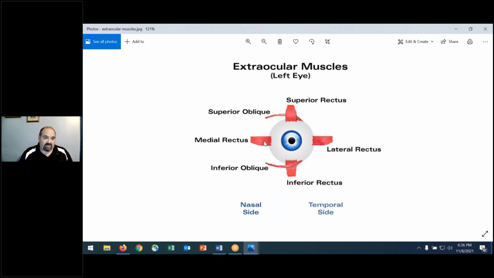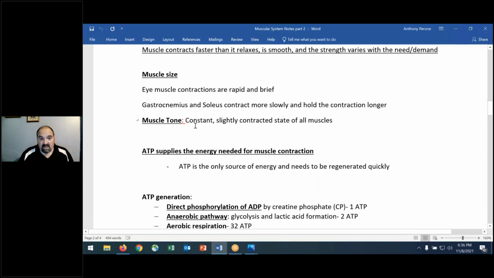And same here with medial rectus and lateral rectus, and working in conjunction with the oblique muscles, there's a lot of smooth movement that takes place with the eye movement and such. So very important to keep that in mind as far as the action of a muscle. And you can figure it out just by seeing a muscle and going, okay, well, if that contracts, what's going to happen? What part of the anatomy is that going to move when it does its action?